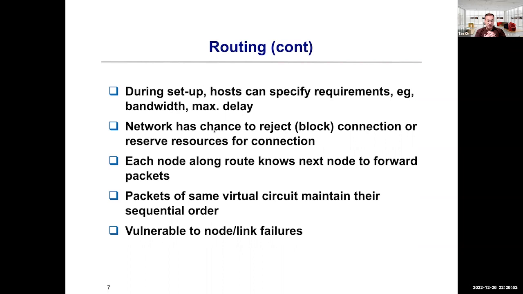Okay, so once you allocate enough bandwidth, what's the maximum delay you need? You need to make sure the network can allocate that much bandwidth and deliver the connection with as little delay as possible.